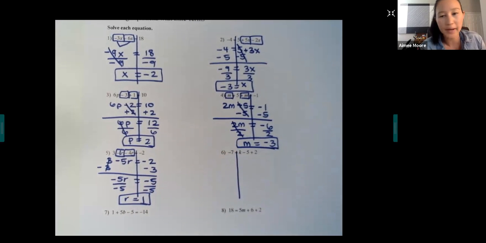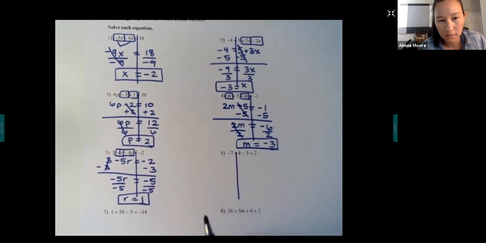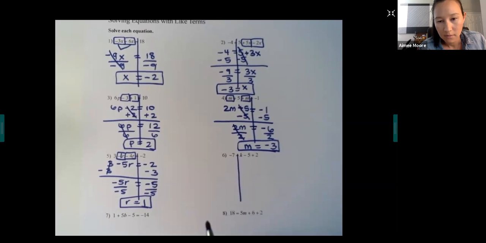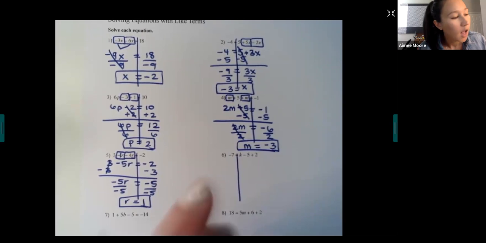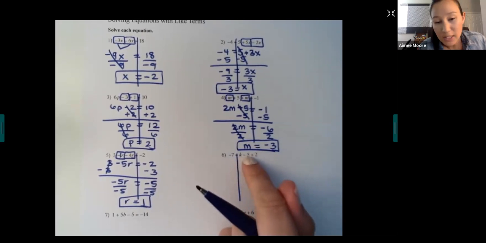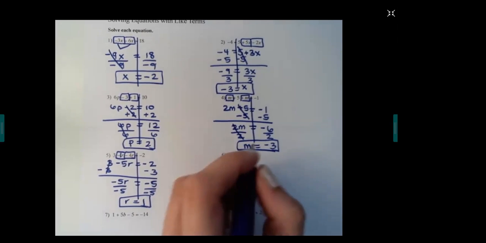What can I combine, Dakota? What are my like terms? Can you do k and 5? So if this one has a k and this one doesn't, those aren't like terms. We can't combine them. Exactly.